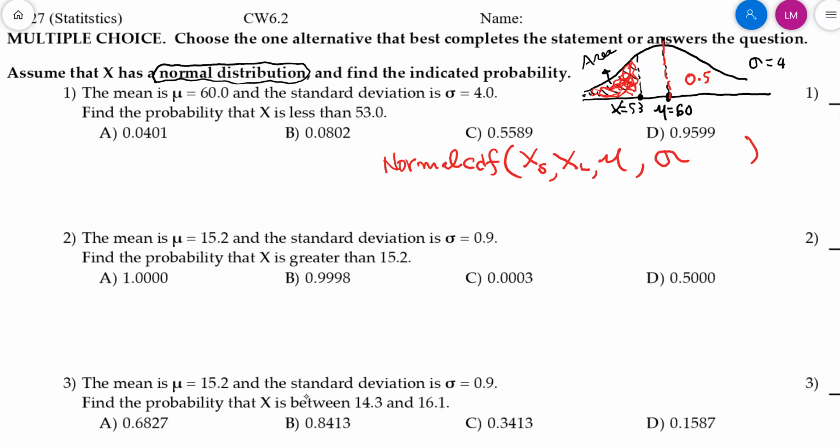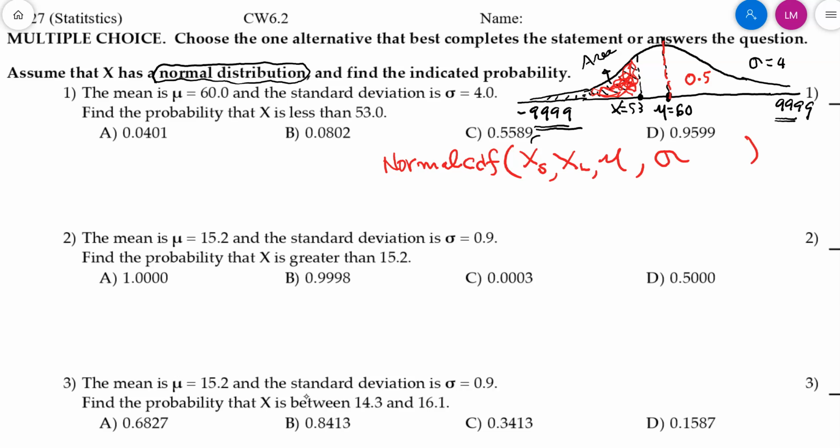Now, in this case, if you go all the way to the left, we say it is negative 9999. If you go all the way to the right, we say 9999. One is negative, one is positive.